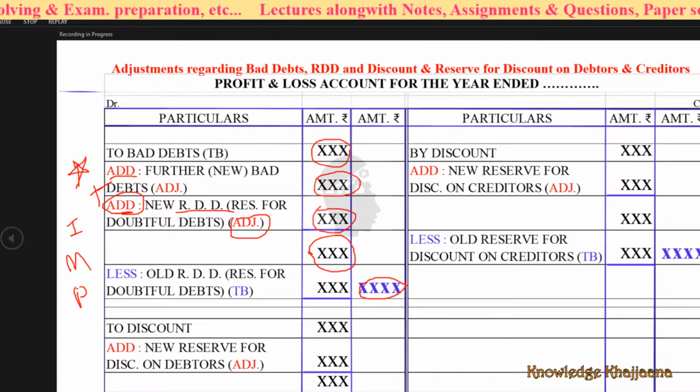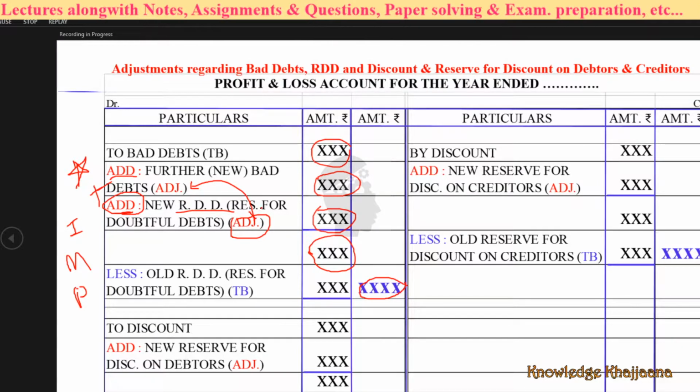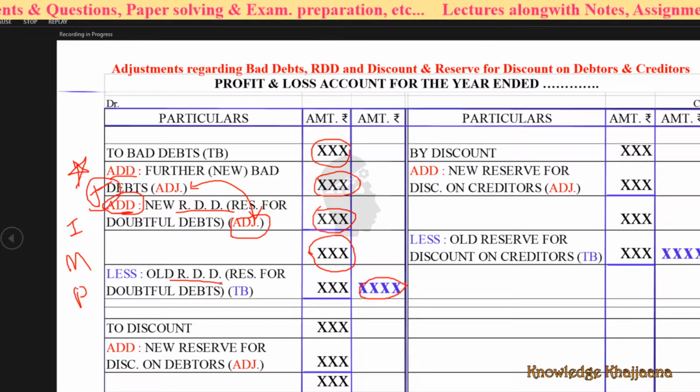To the bad debts given in the trial balance, you have to add the two things given in the adjustments, new bad debts and new reserve for doubtful debts, and you have to deduct the old RDD which has been given.